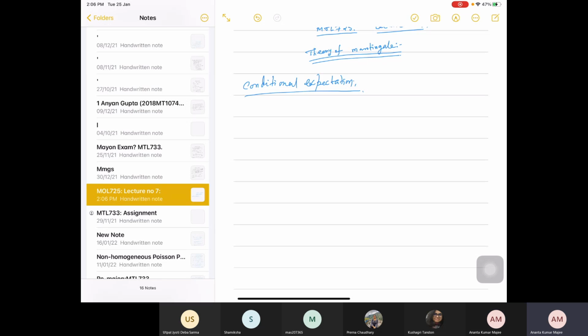So what is conditional expectation? Suppose I have a probability space (Omega, F, P).